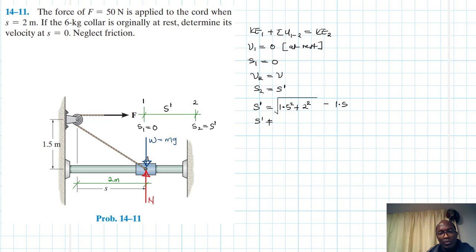S prime will be equal to the square root of 1.5 squared plus 2 squared, minus 1.5, and this gives us 1.